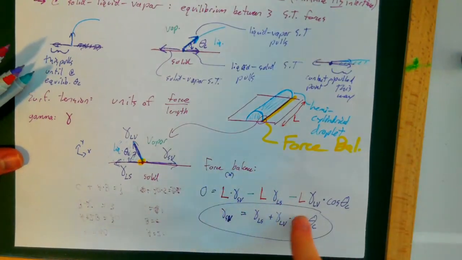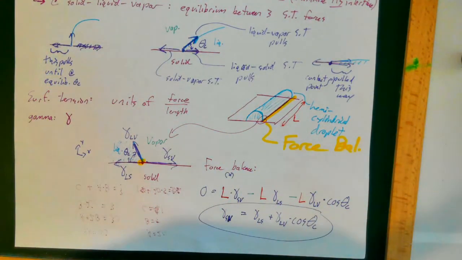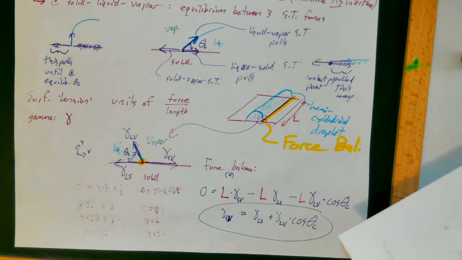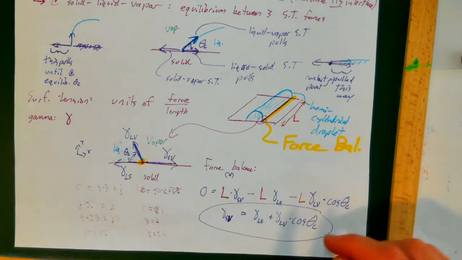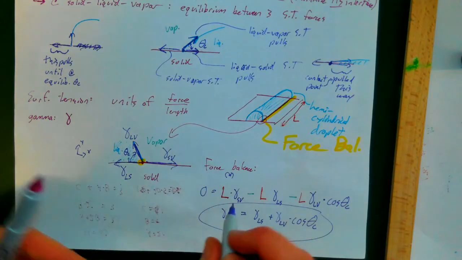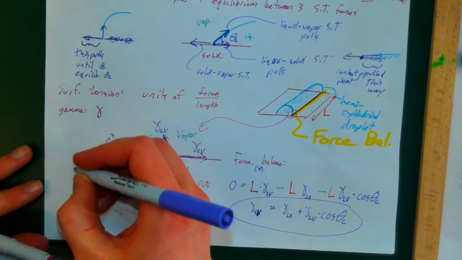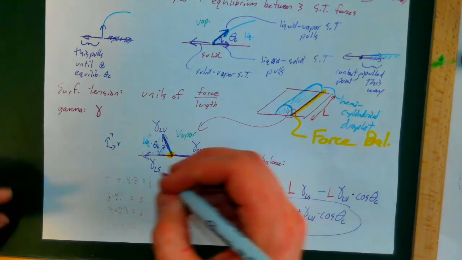And so how might we observe this in real life? Well, it turns out that you can actually observe some of this effect of surface tension in real life. So for example, let's do a little aside over here.